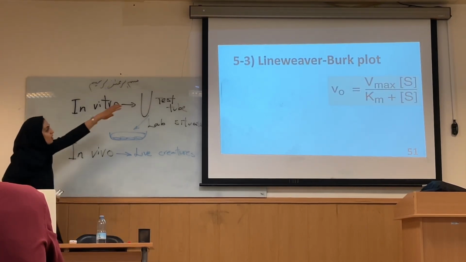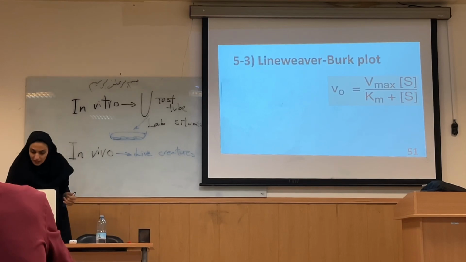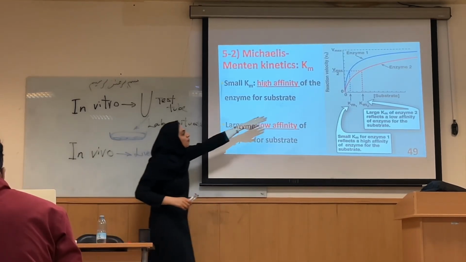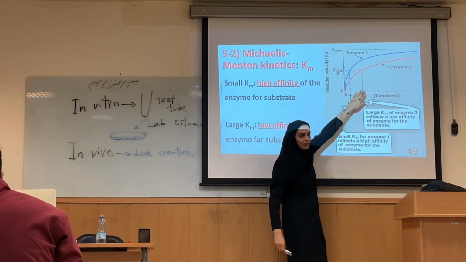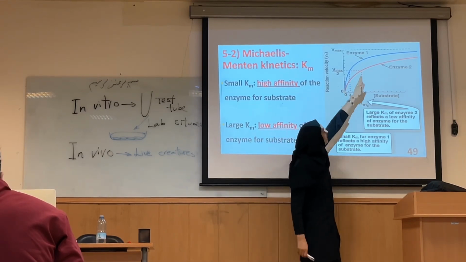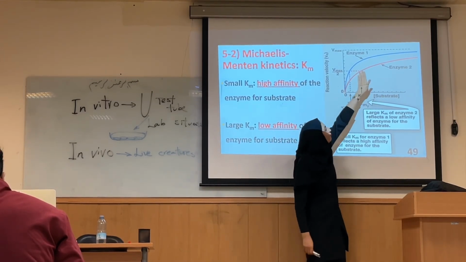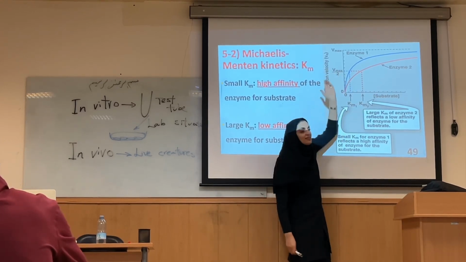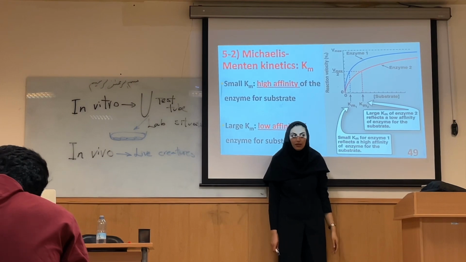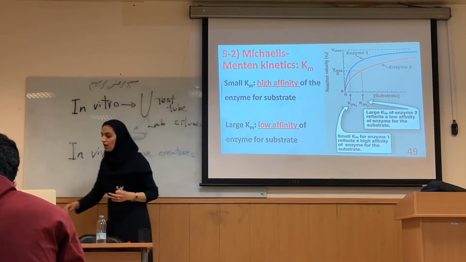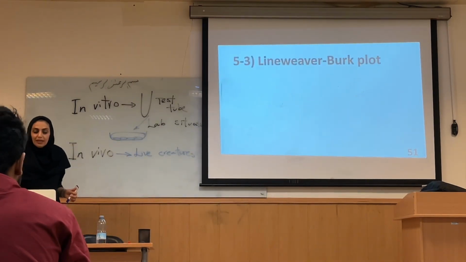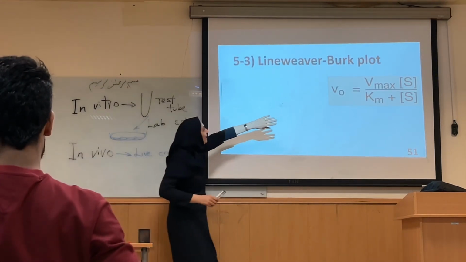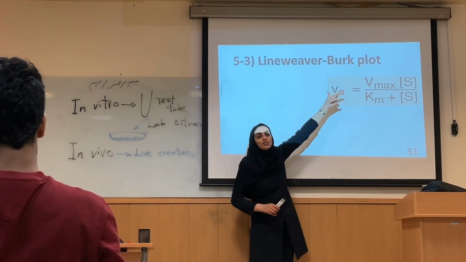For the Lineweaver-Burk plot, here you can see the Michaelis-Menten curve. Because of the hyperbolic nature of the curve, the evaluation of velocity is not easy. They try to convert it to a linear form. What did they do? They inverted the equation.